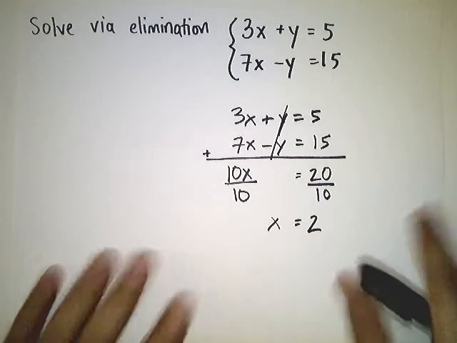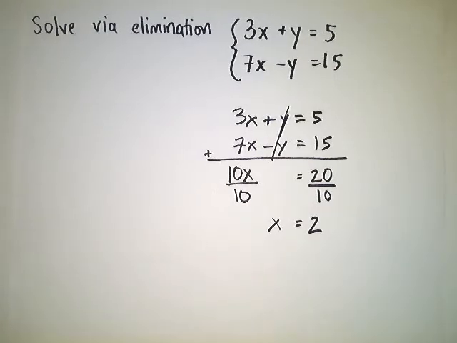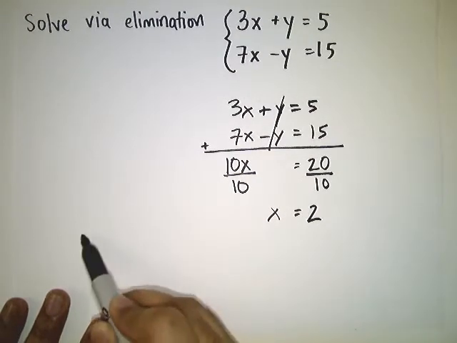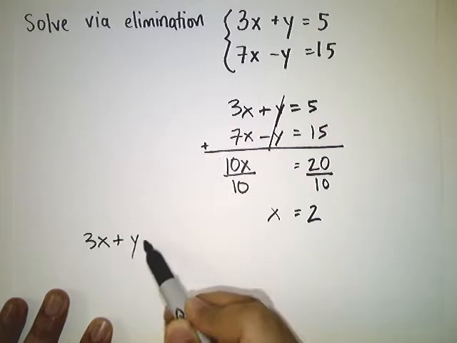All right. Let's go back to that first problem we were working. We ended up with x equals 2. The last step is to take that x equals 2 and plug it back into one of the original equations. I'm going to use the first equation because that's what I feel like doing. 3x plus y equals 5.